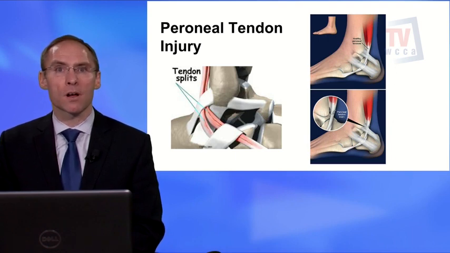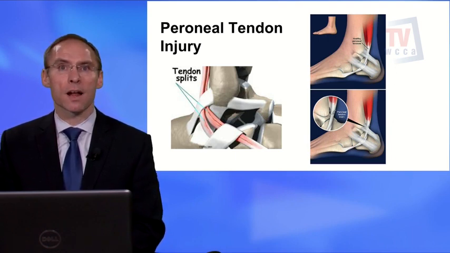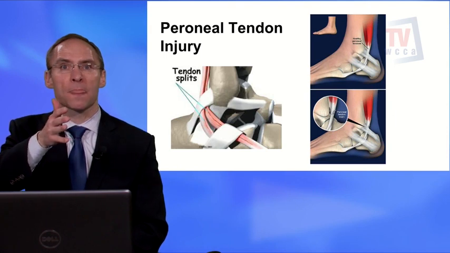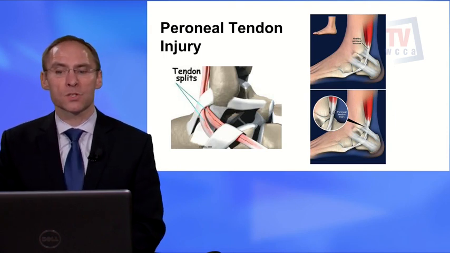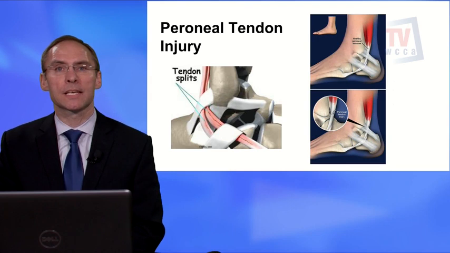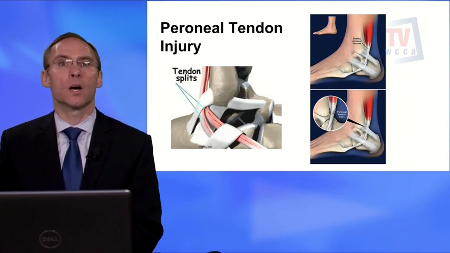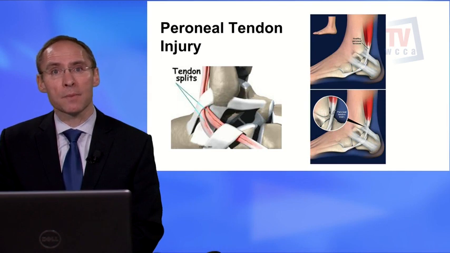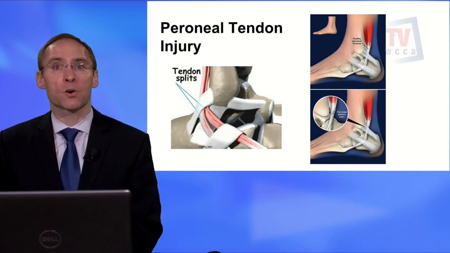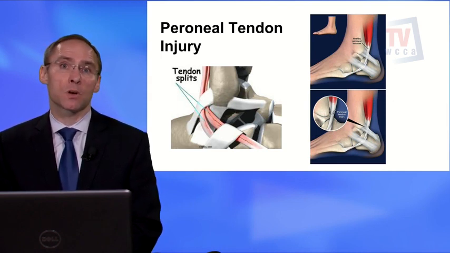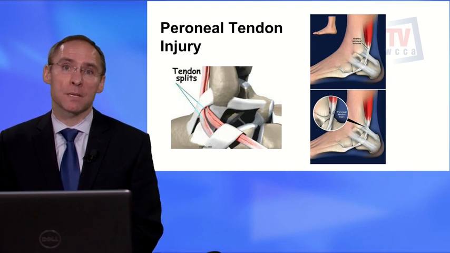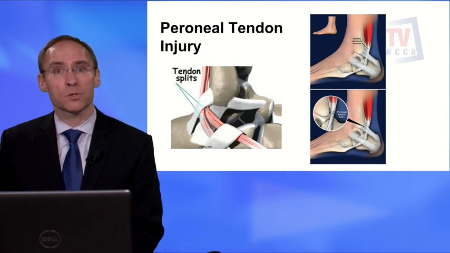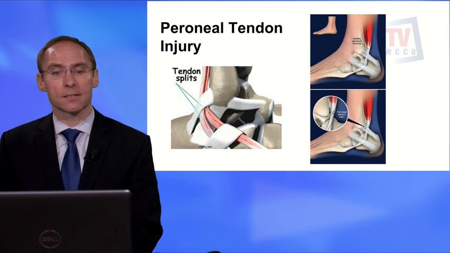The tendons run around the side of the ankle, and if you chronically twist your ankle, that can cause those tendons to get torn, kind of get inflamed, and be problematic. What would you feel? Well, you would feel pain around the outside of your ankle, pain that doesn't go away, pain that hurts when you're running.